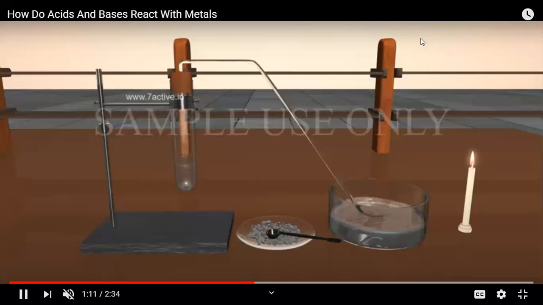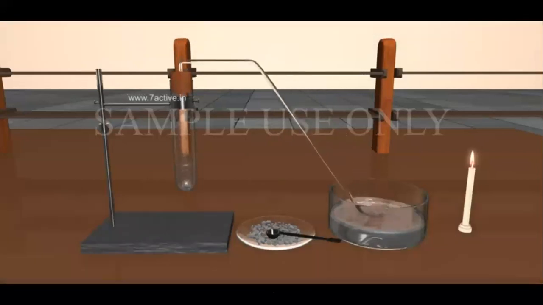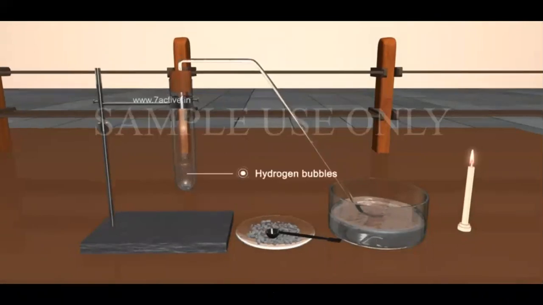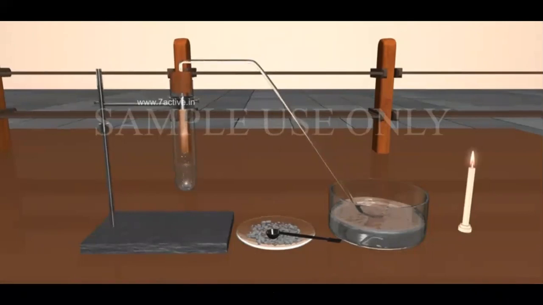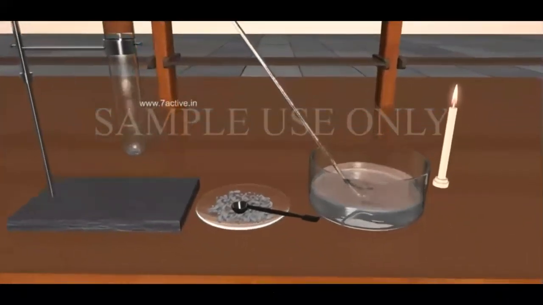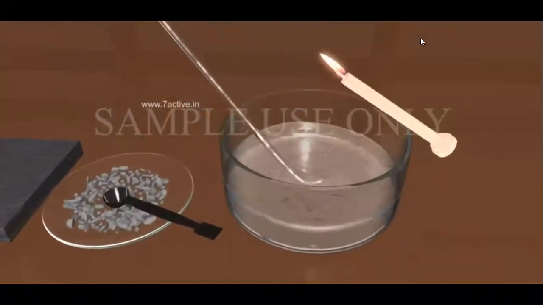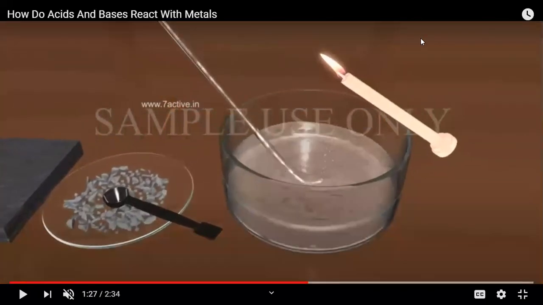So as you can see, gases are evolved. These gases are collected in the soap solution. You can see hydrogen bubbles are evolved, and due to this, bubbles will be formed in the soap solution.